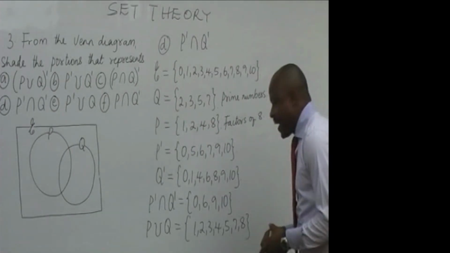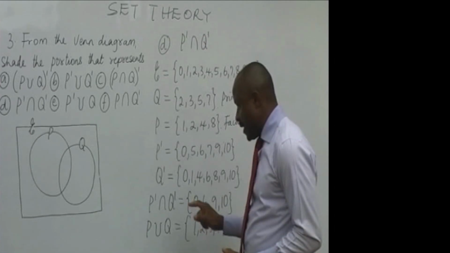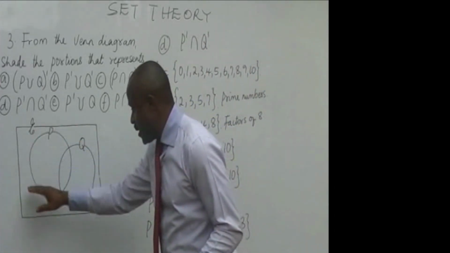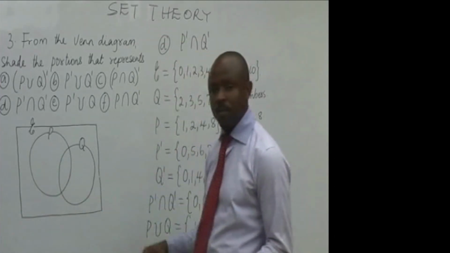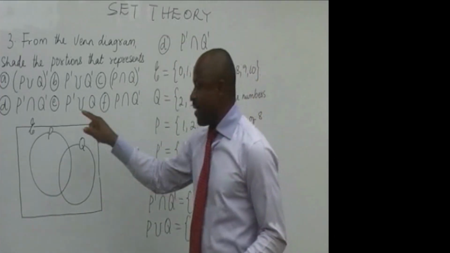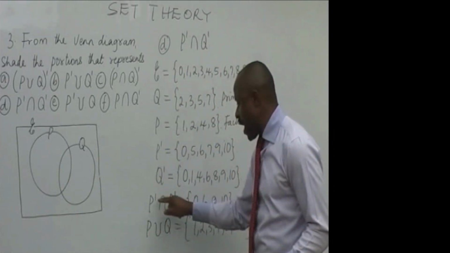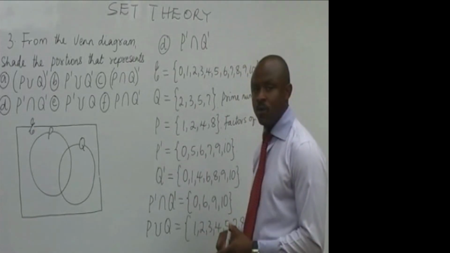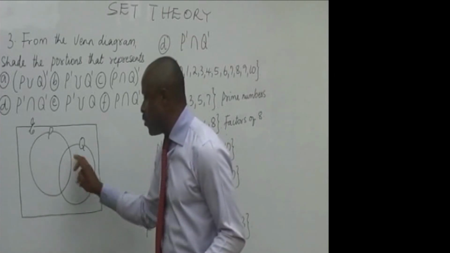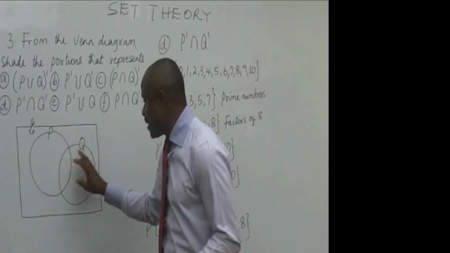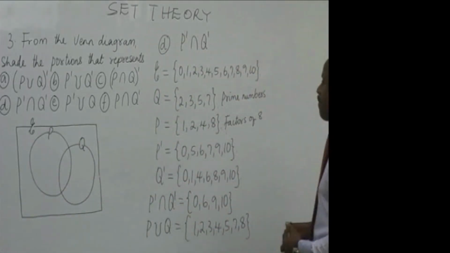What you're going to do is shade everywhere in the universal set, but don't shade P union Q. Universal set minus P union Q is P prime intersection Q prime. So you're going to shade everywhere avoiding P union Q, which is all these places. Avoid shading it, but shade all these other sides.